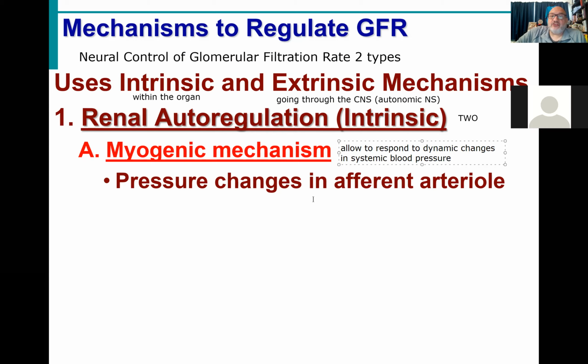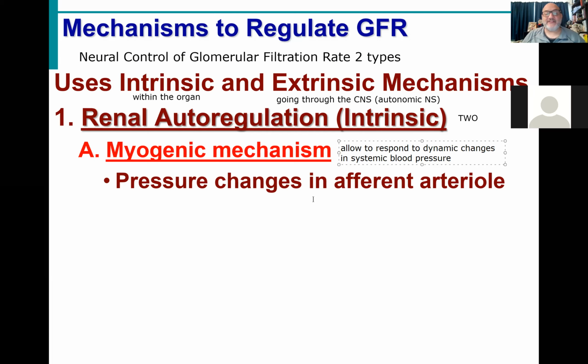Small changes in your blood pressure, right? 1 to 5, 1 to 6, 1 to 10 millimeters of mercury changes, which when we're talking about systemically through the whole body, don't make that big of a difference. But like we talked about, even a 2 or 3 millimeter of mercury change can have a 10 to 20% effect on our glomerular filtration rate. And we don't want that to occur.